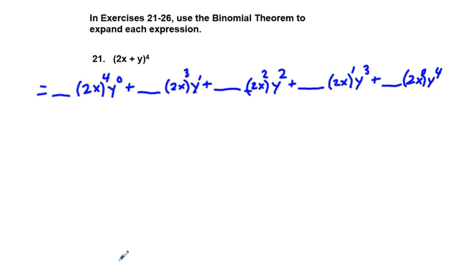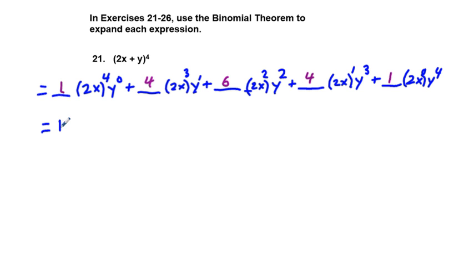We go back to our exercise and put in our coefficients 1, 4, 6, 4, 1. And simplifying out, well, what's 2 to the 4th power times 1? Well, 2 to the 4th power is 16.